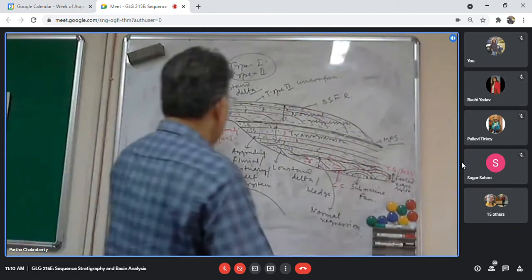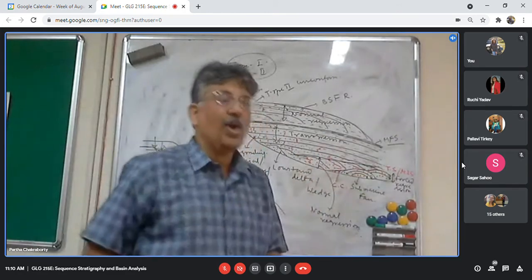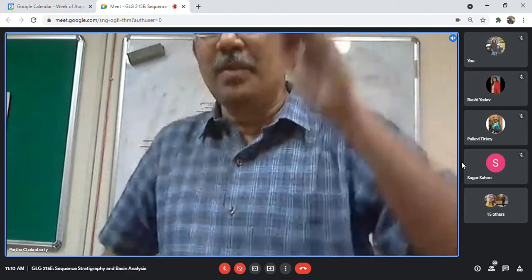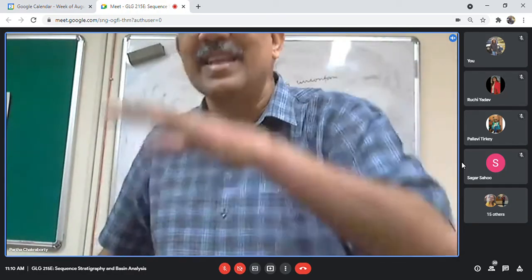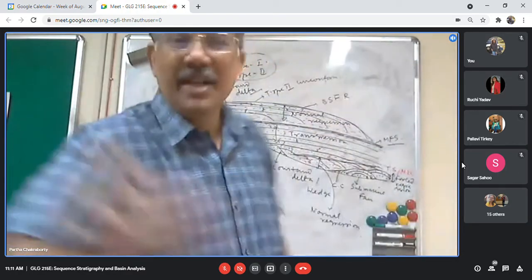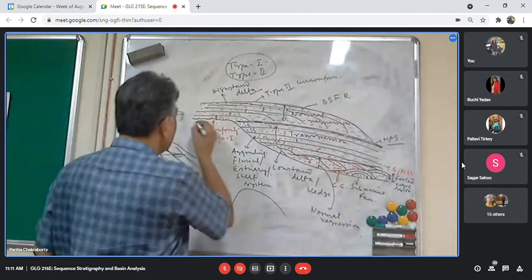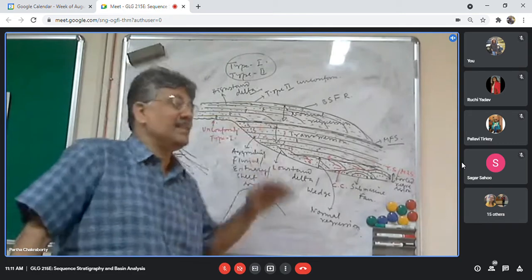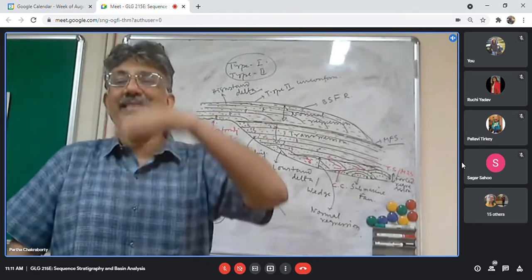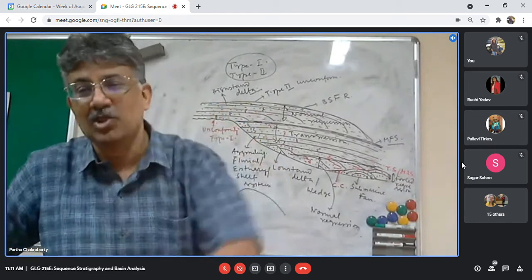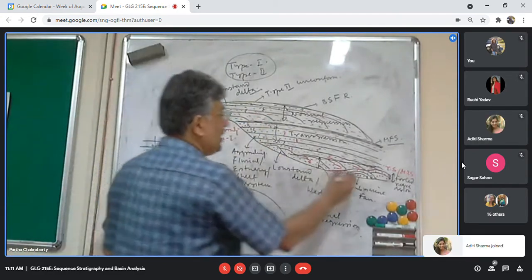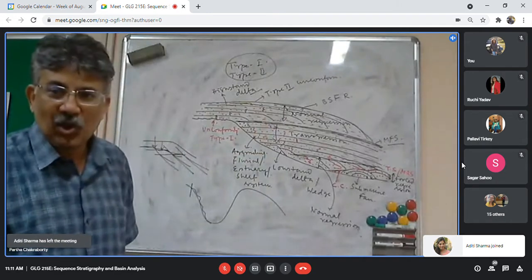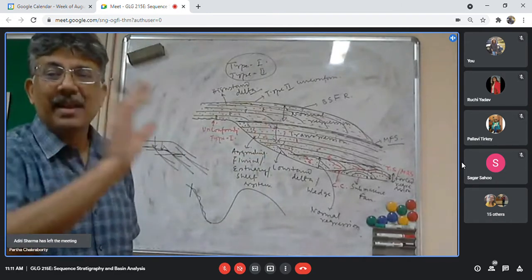Now you see the submarine fan at the base of the slope. When will it form? It will not come from anywhere. It will form when there is a real base level fall. So when there is a real base level fall, the channel incision onto the shelf, the coastal part, as well as the canyon formation on the continental slope, all of these will deposit the material at the base of slope in the form of submarine fan.